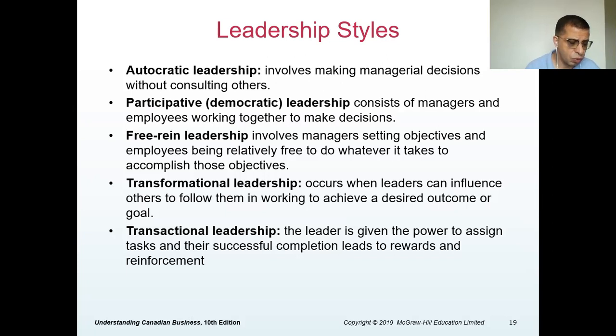Now, when it comes to leadership, there are so many studies done about leadership and types of leadership, and what makes you a leader, what does not make you a leader. But there are different types of leaders. There is autocratic leadership, which involves making managerial decisions without consulting others.